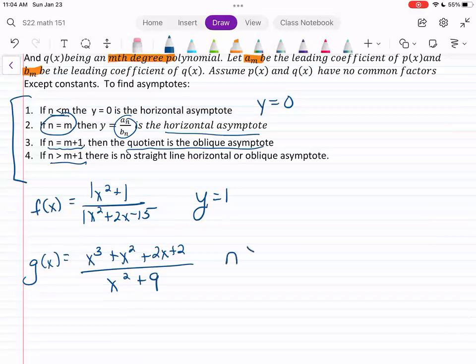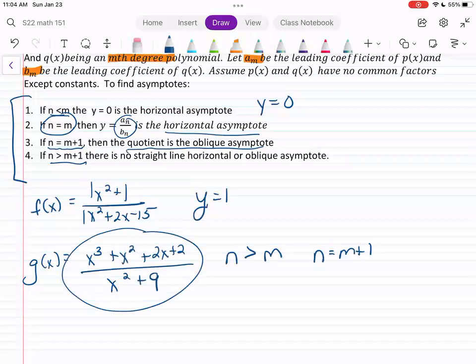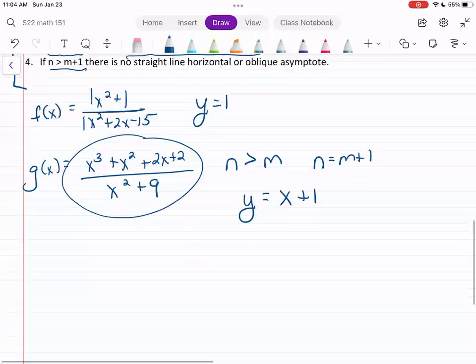Notice that n, the degree of the numerator, is bigger than m, and it's bigger by just 1. So there's an oblique asymptote. We would need to do long division here, and you would find that the oblique asymptote is y equals x plus 1. We're not worried about the remainder, only the quotient.